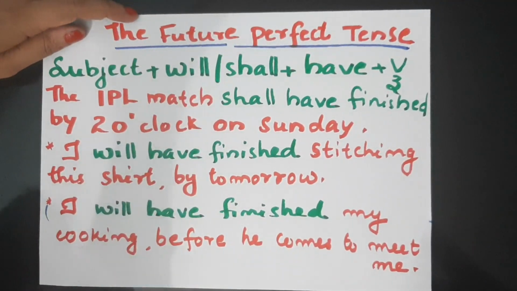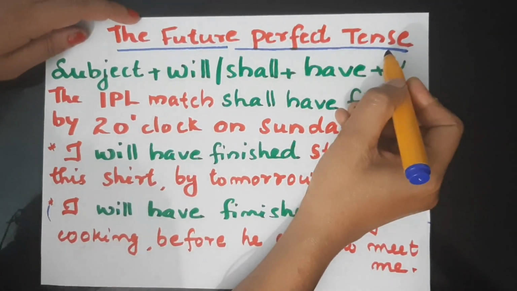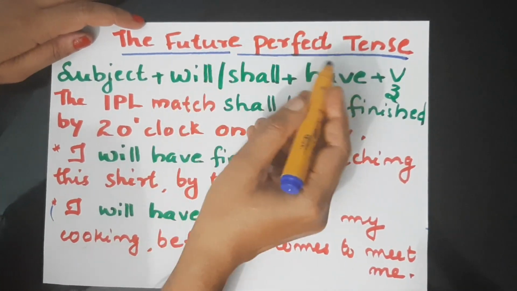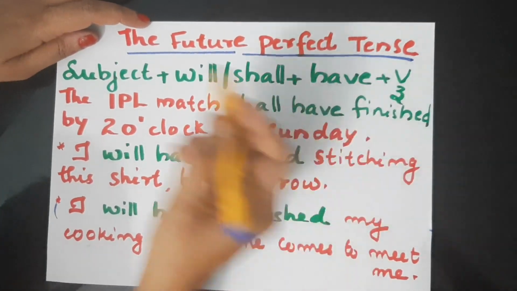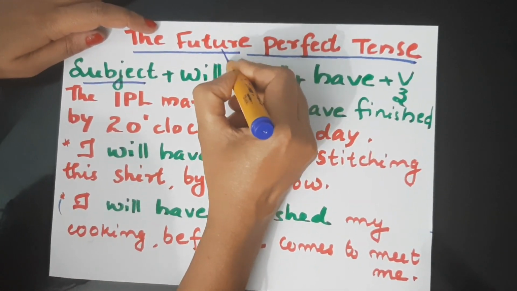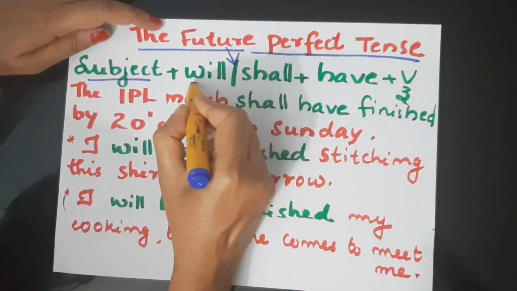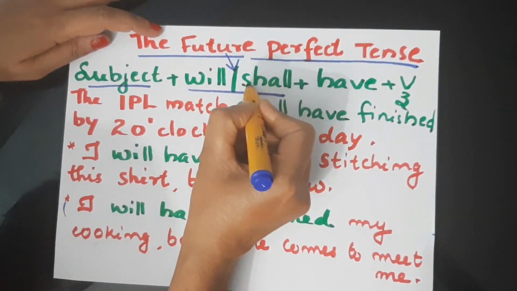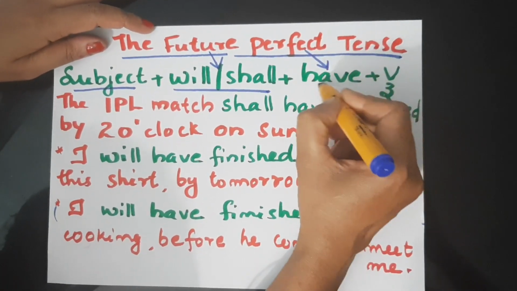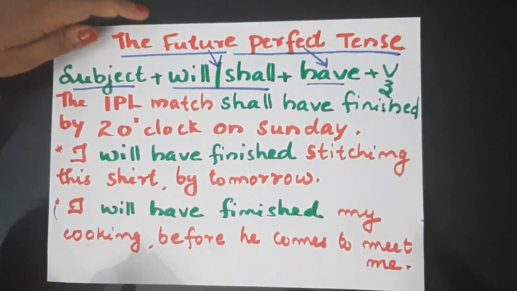Next is the future perfect tense. The structural format of future perfect tense is subject plus will or shall plus have plus V3 form of the verb.